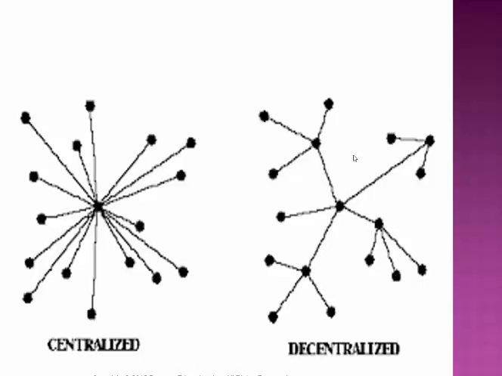So with decentralized companies, we're talking about an organization structure where they have pushed the decision-making authority down from the center, the C-suite, down to the subunit managers. Decentralization is an organizational structure that gives the managers at the lower levels the freedom to make decisions. We've already talked about what autonomy is.